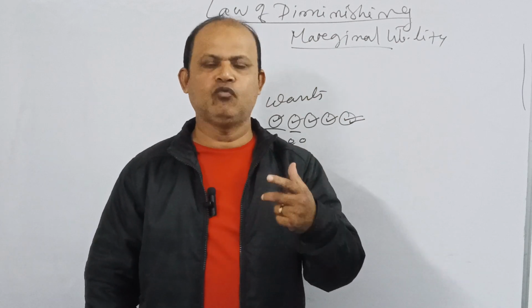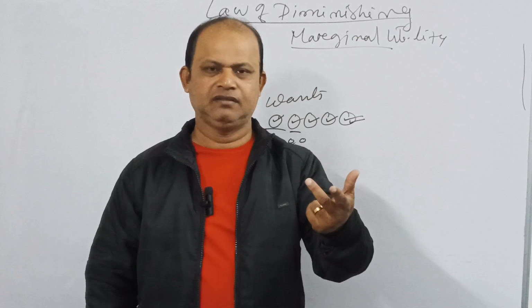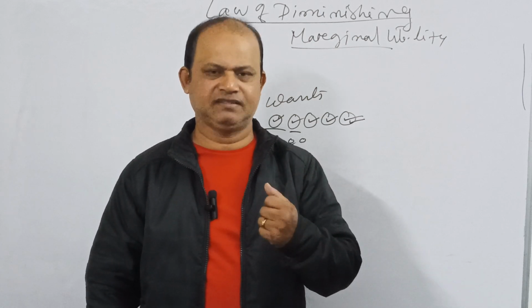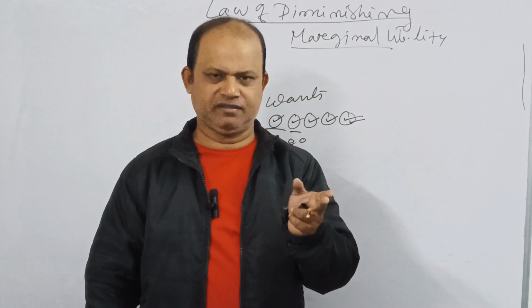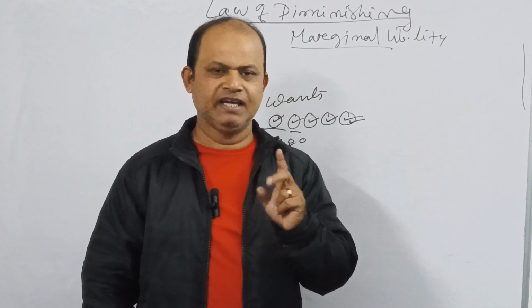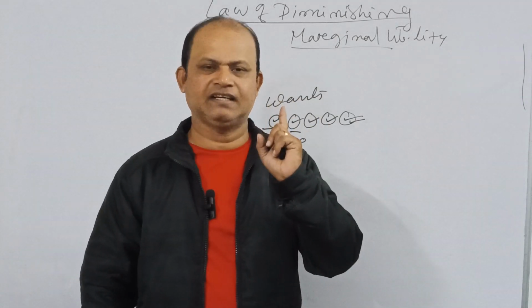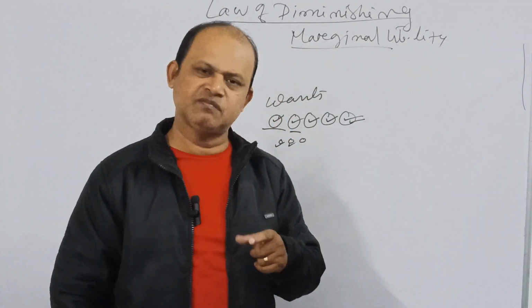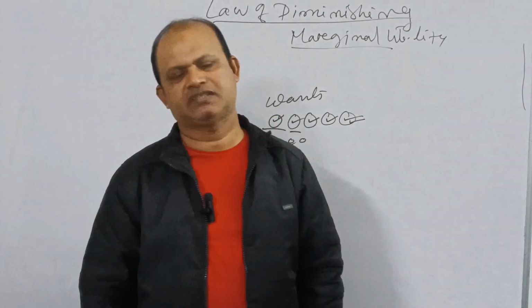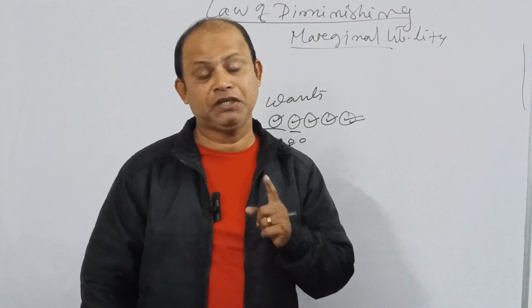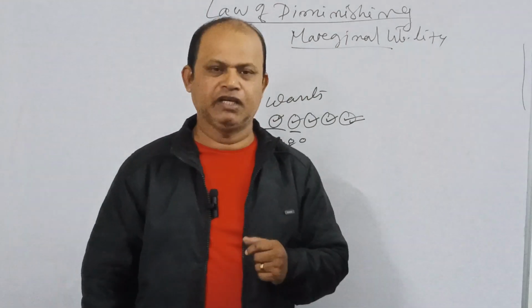After 4 years you bought a car of some other company. While you ran that, you did not find it very nice, so you sold it after keeping it for 3 years. Again in the third or fourth year you bought the Dzire again, then it will give you the same satisfaction which you got from the first car. That is why the consumer must not consume other commodities in between the consumption of that commodity.